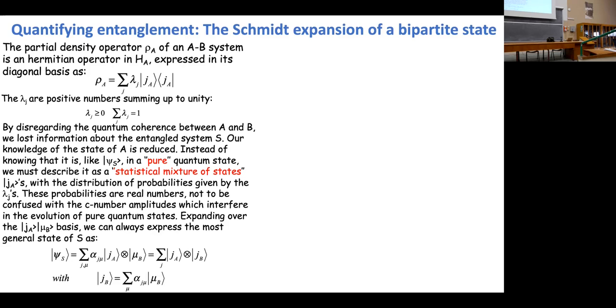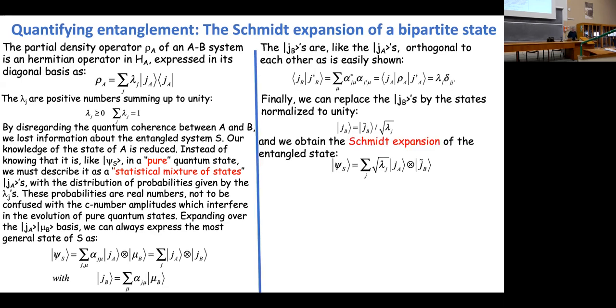So in this way I can isolate, for each j, a kind of mirror image in the other system, which is the sum over j state over mu state, which I have written on the board. And what you can find very easily, which I just demonstrate at the top of the next column, is that the mirror states j on part B are orthogonal to each other.